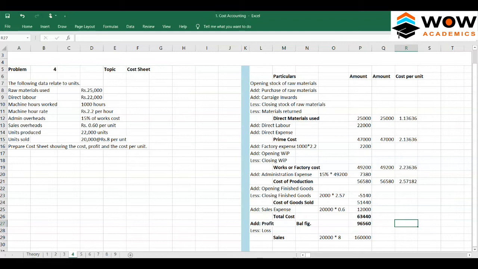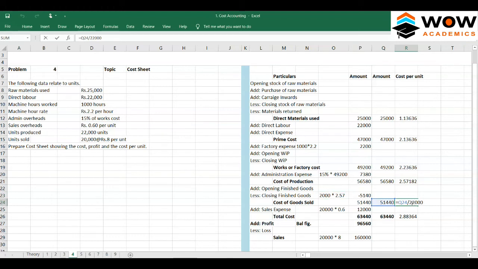So we could still find out the per unit items everywhere. So we can find out the cost of goods sold, and the total cost also we can find out. So how can it be like 2.57, how can it be like 2.3?